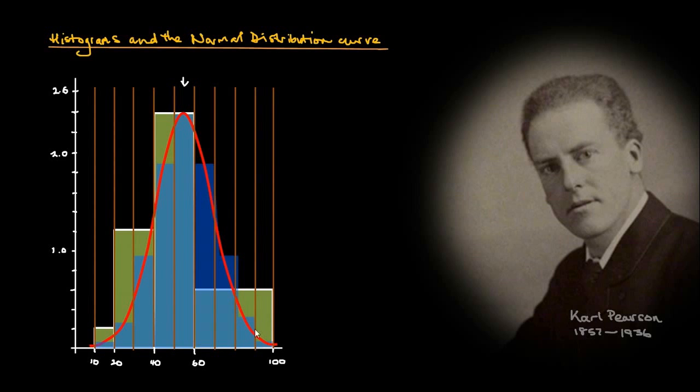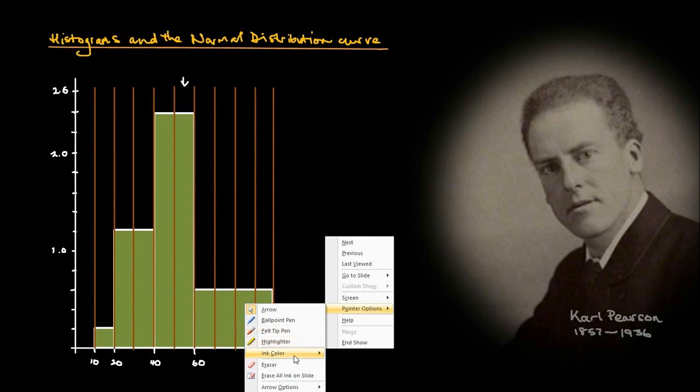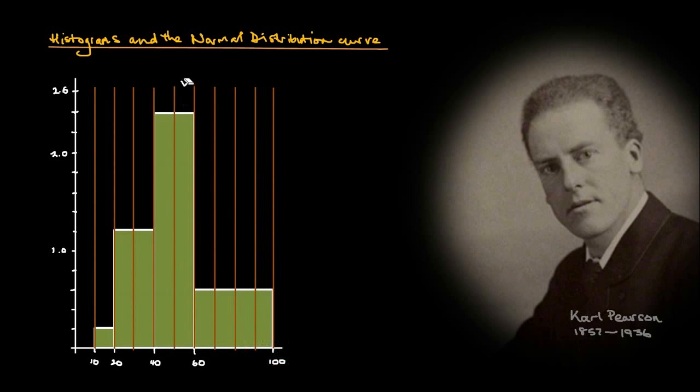Okay, so before concluding that this isn't normally distributed data, let's now erase this line and start again. And I think you can see from that little experiment that 10 bins is actually going to give us a much better fit. So if we're going to assume we've got 10 bins rather than 9, we're going to start our curve from over here.